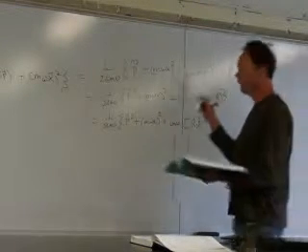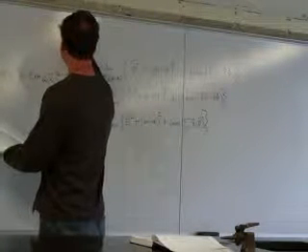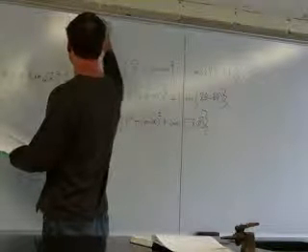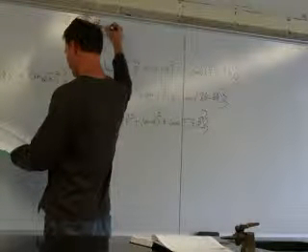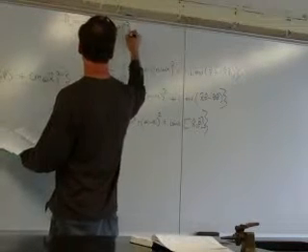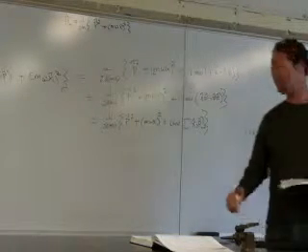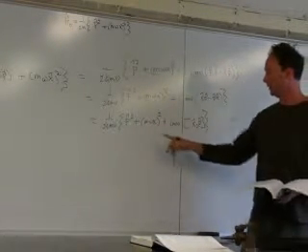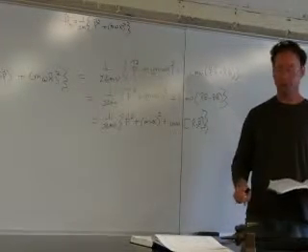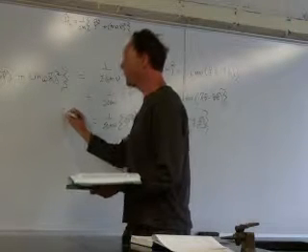I'm sorry I erased this, but earlier we had that H0 equals 1 over 2m p squared plus m omega x quantity squared. That was the unperturbed Hamiltonian of the harmonic oscillator. So look where we're at. We're pretty darn close, right?